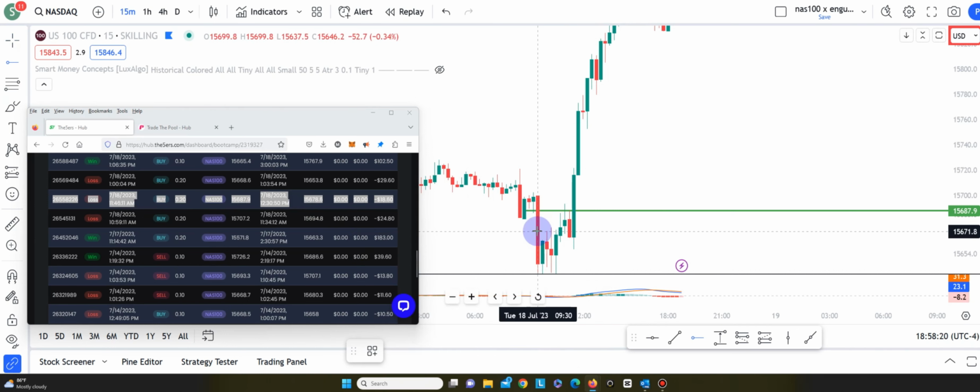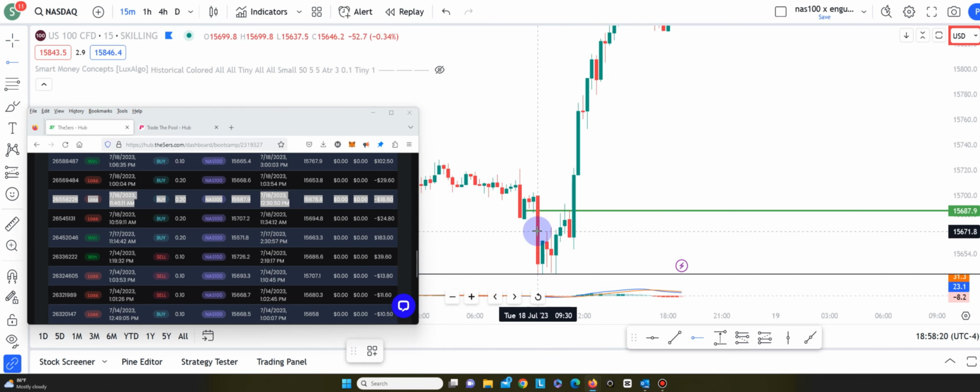So let me show you where I entered and where I had my stop loss set on each trade. So I kind of split it up into 3 trades. So instead of doing one 0.3, entered 3 0.1s. And that way, while it went up into my favor, I was able to take partials, right?